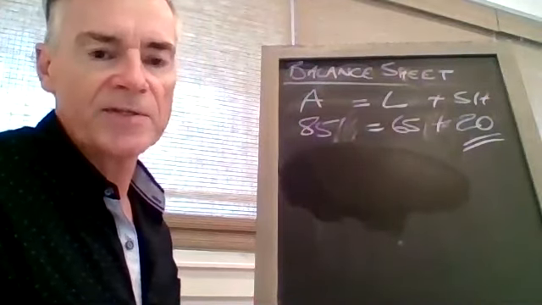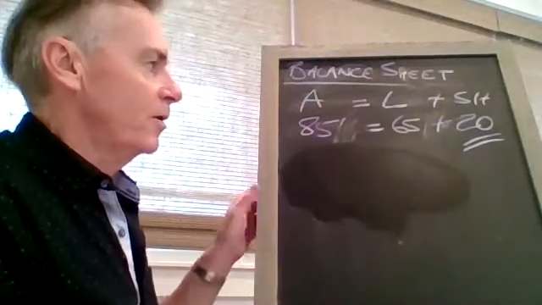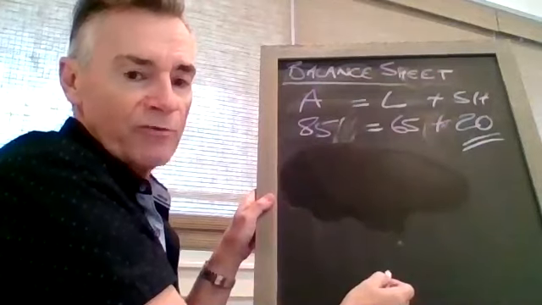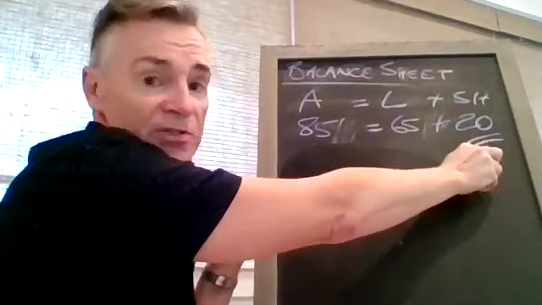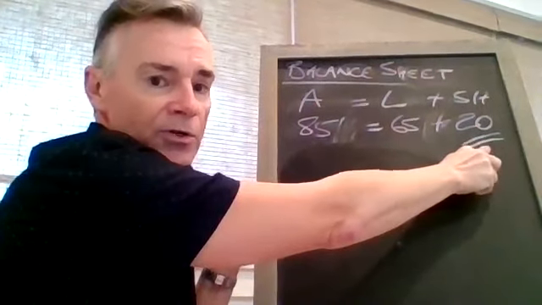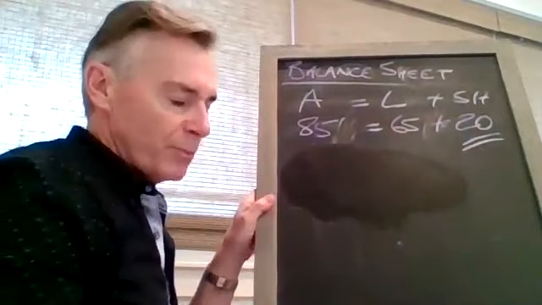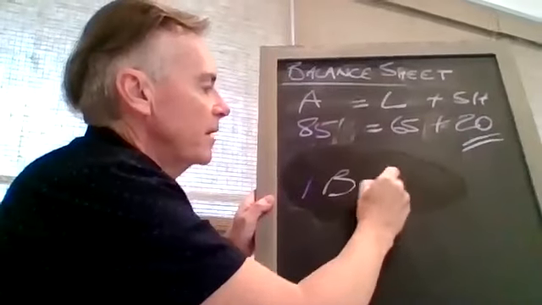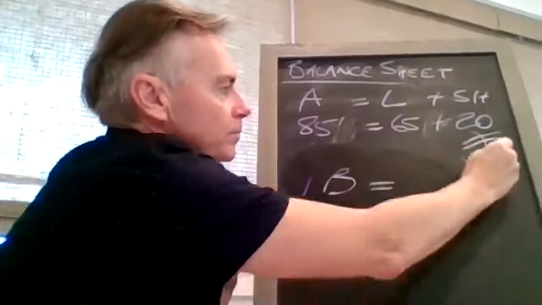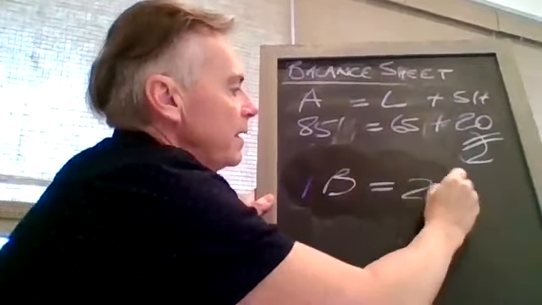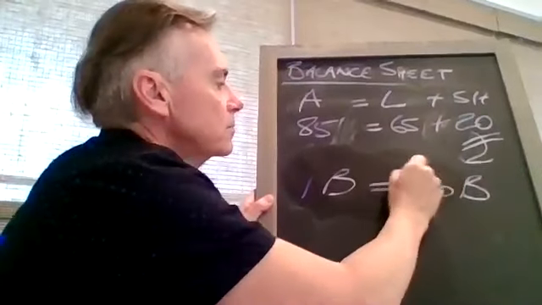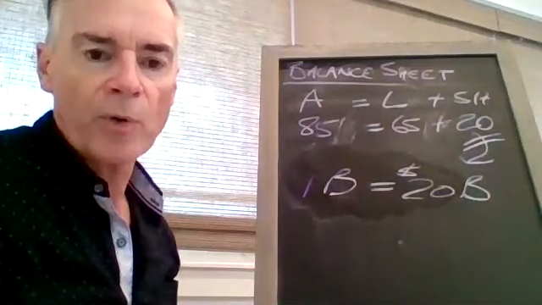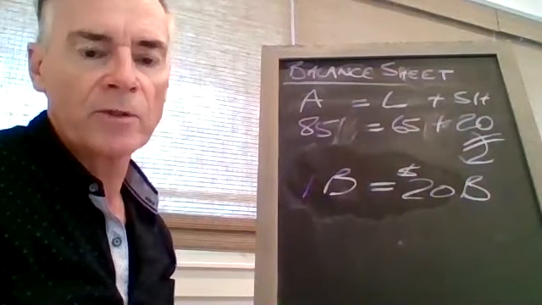So let's make it easy and say it's about 1 billion shares outstanding at $20 billion par value, because remember, this is my shareholder value or my owner's equity. So if I have approximately 1 billion shares that are equal to approximately $20 billion, then each share at par value is worth about 20 bucks.